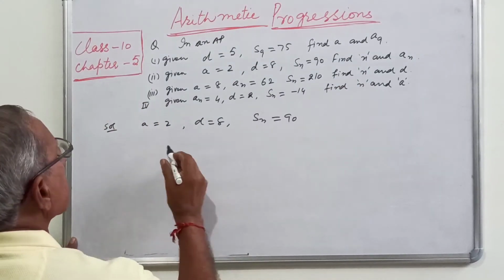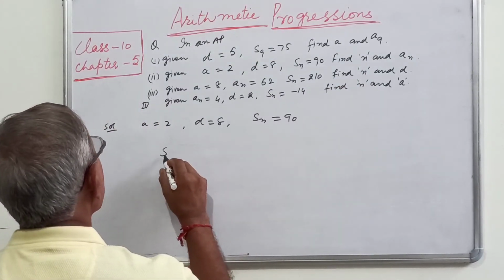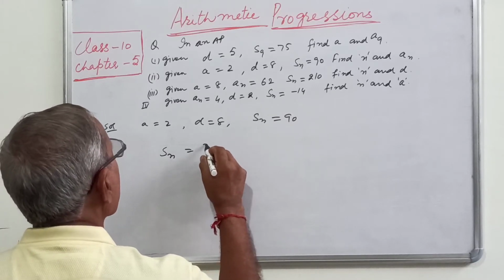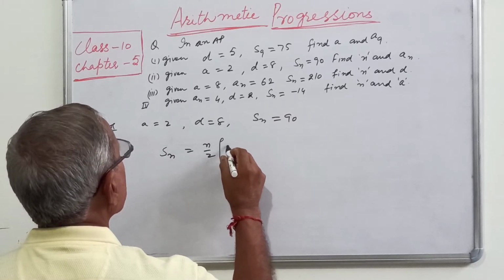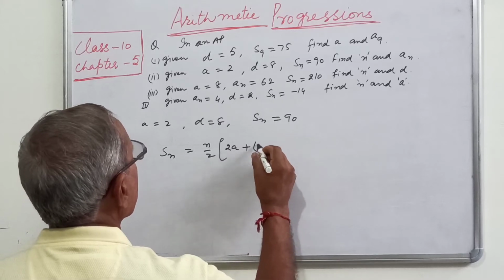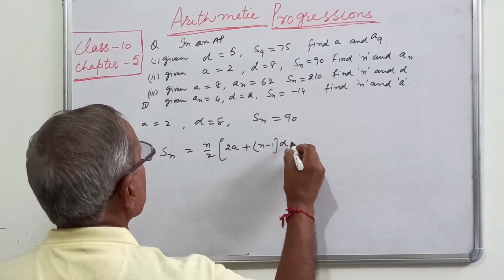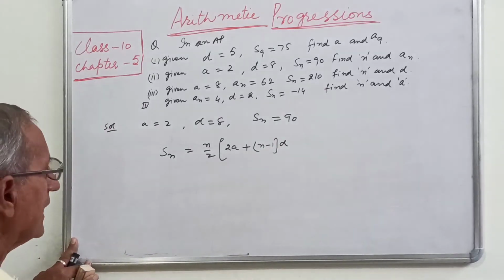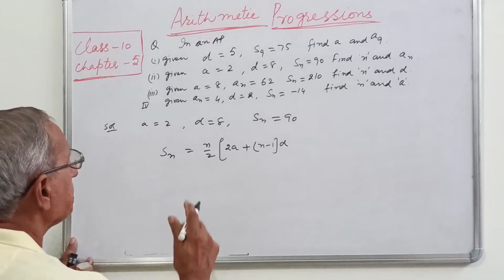So substituting for value of, so Sn is equal to n upon 2 into 2a plus n minus 1 into d. That is the formula for Sn, sum of n terms.